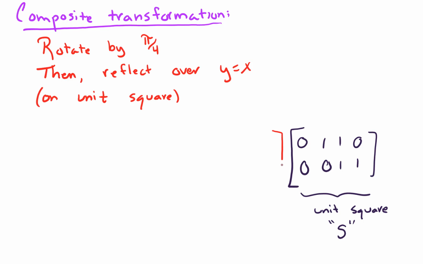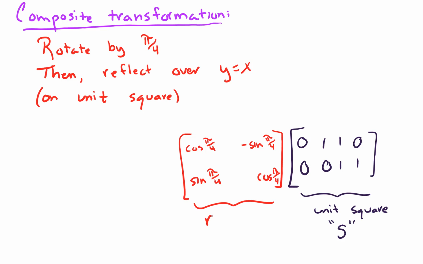So to rotate by pi over 4, we have that matrix from our previous calculations. That would be cosine pi over 4, negative sine pi over 4, and we know what those values are. And so this is our rotation by pi over 4.